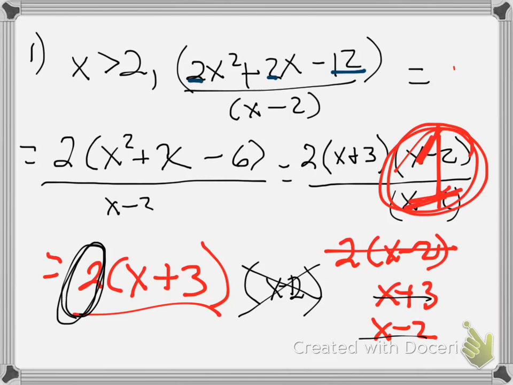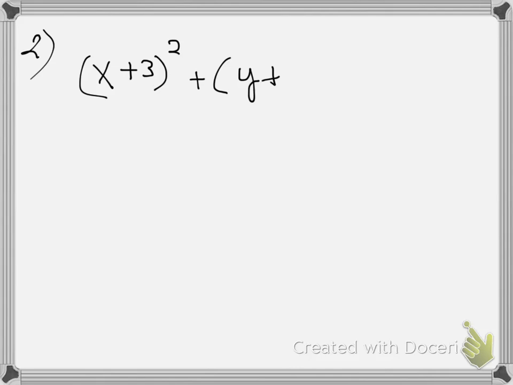Now, the next one that we'd like to take a look at is: in the standard xy coordinate plane, the graph of x plus 3 squared plus y plus 5 squared equals 16 is a circle.